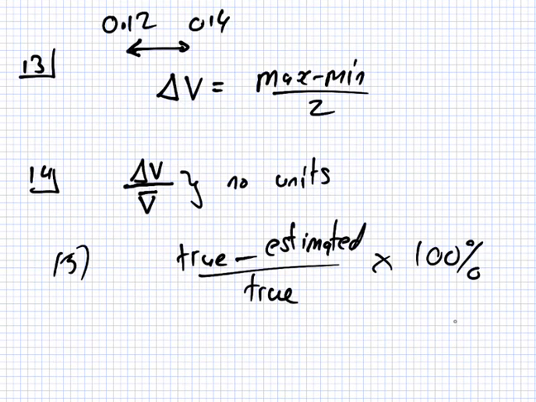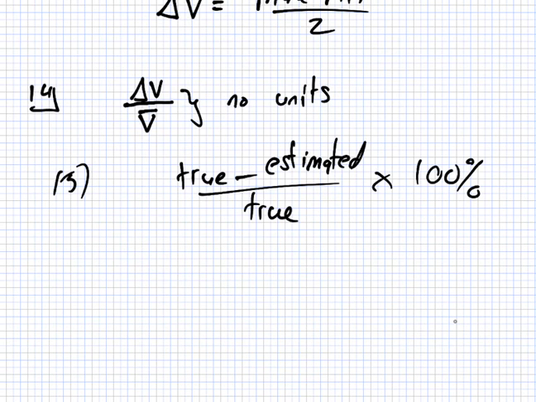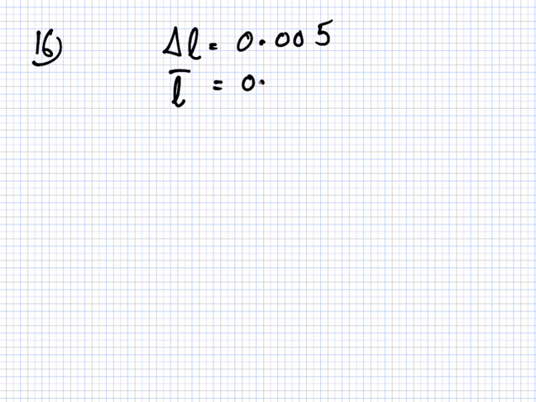Right, now, will we do 15 with the calculations? Or 16, I mean. So 16, for the pendulum, the uncertainty in its length is 0.005. The average length is 0.55. The uncertainty in the time is 0.01 second.